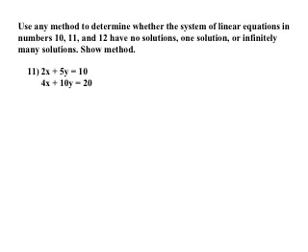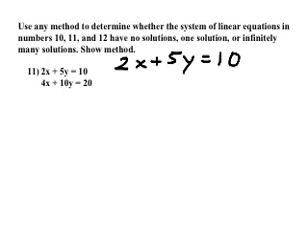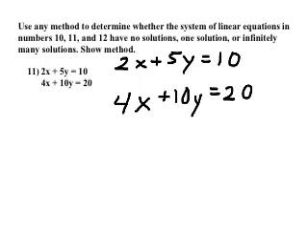So we've got 2x plus 5y equals 10. And I'm going to drop this down: 4x plus 10y equals 20. And I'm going to multiply the top times a negative 2 so that I'll get the x's to cancel out.